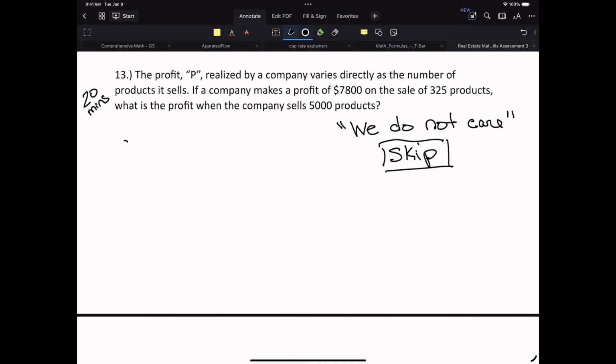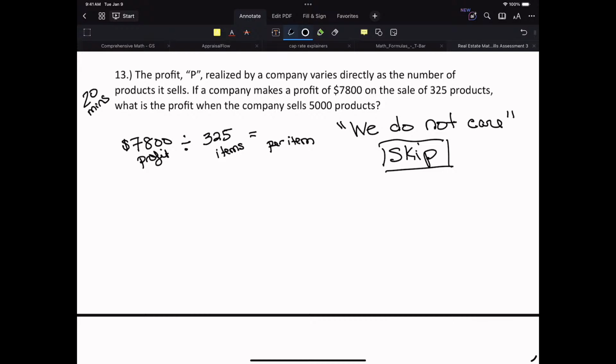So there's a profit of $7,800. That's the amount of profit, right? And that profit was off of 325 items. So if I wanted to find the profit per item, I would divide.